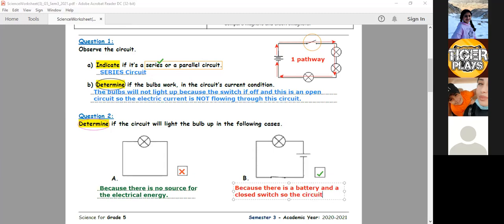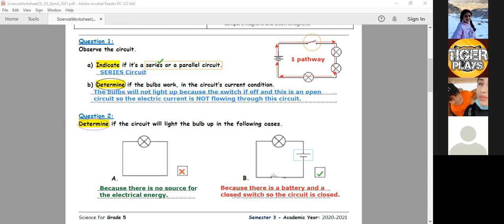So how is the circuit? The circuit is closed. You can explain the way you want. In the second circuit, we have a battery. There is a source for the electricity.